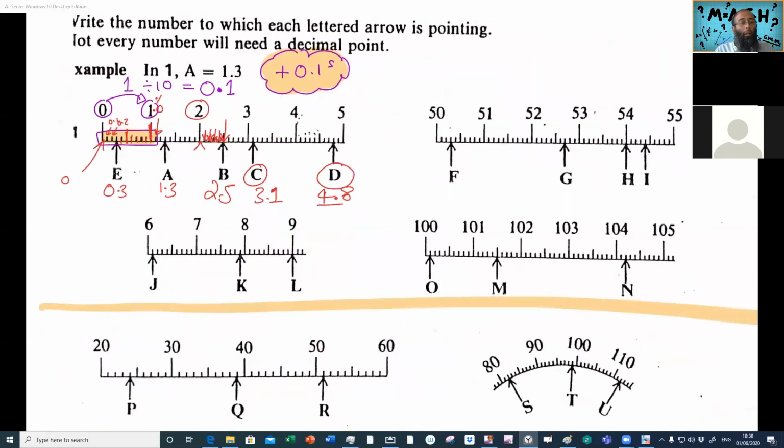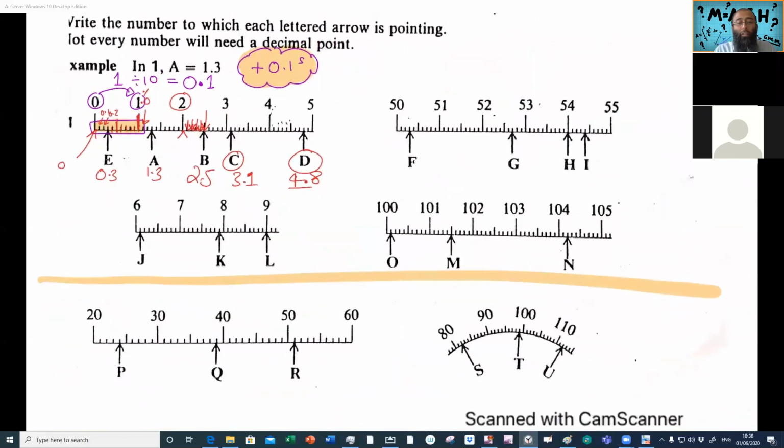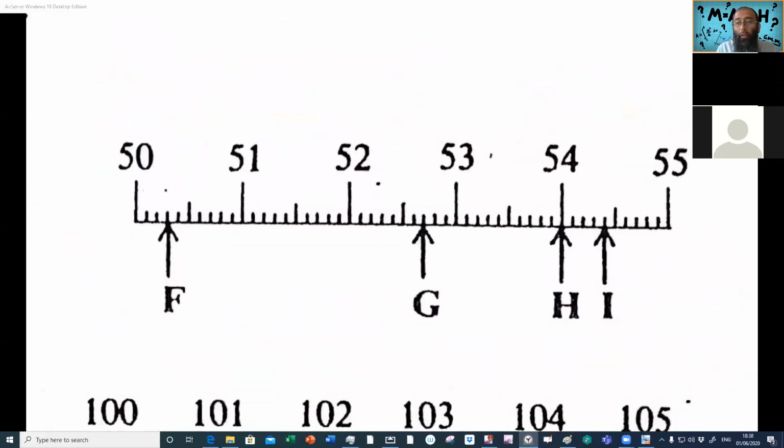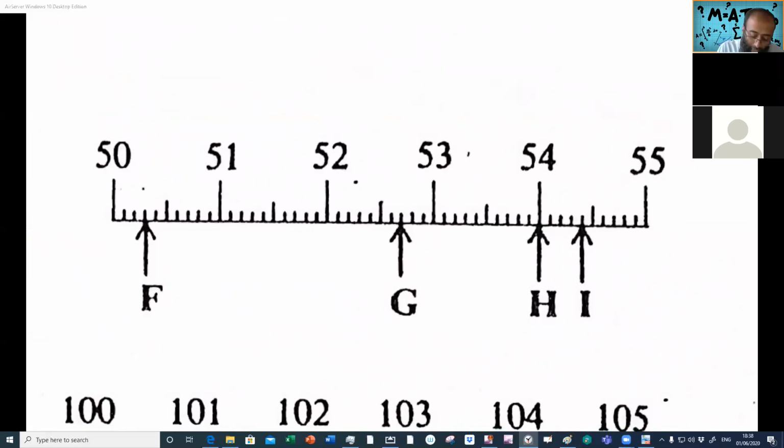Okay, now let's have a go at the next question, and Iman's going to jump in now. I'm going to make the question nice and big. Okay, Iman, ready? Okay, how do we get from 50 to 51? 50 to 51, how much are we adding?